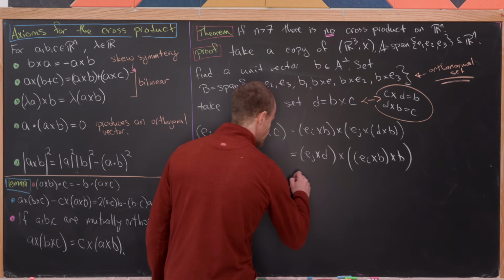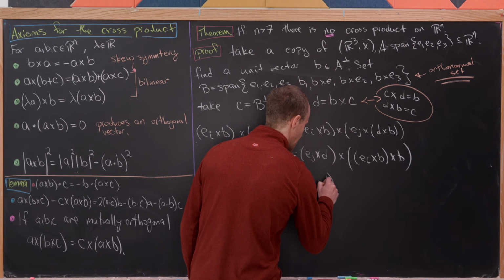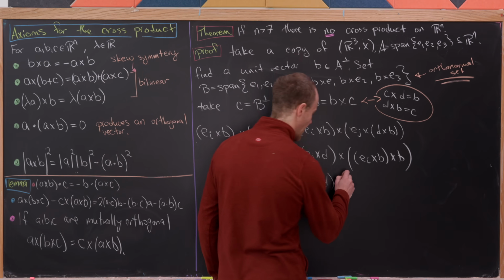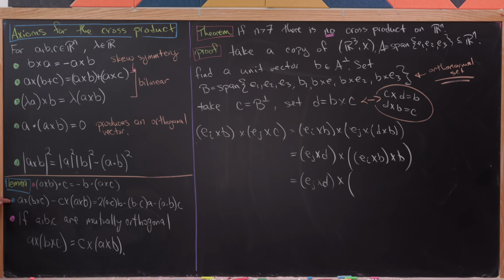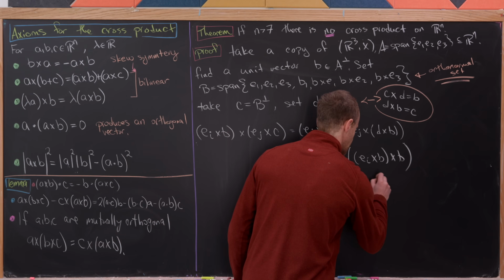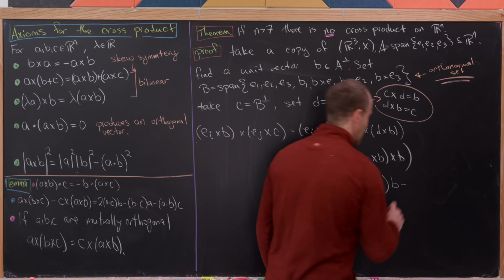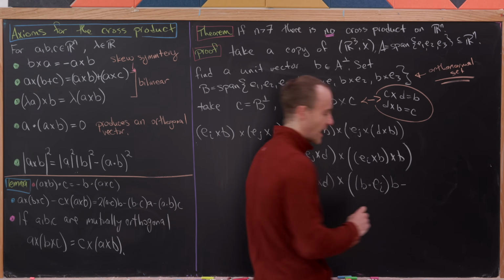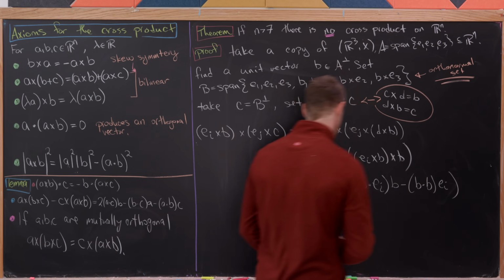Okay, and now we're just going to bring this EJ cross D down, and then we're going to take the rest of this and express it using the dot product, using special choices of A, B, and C here. And that's going to give us something like this. So we're going to have B dot EI, and that's going to be going in the B direction, and then from that we need to subtract B dot B, and that's going to be going in the EI direction.